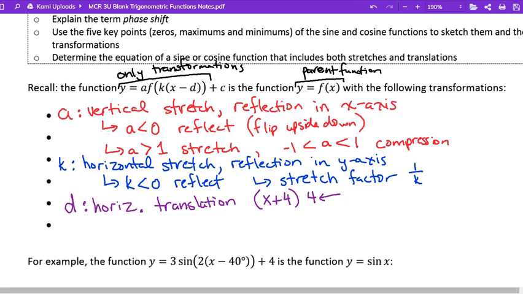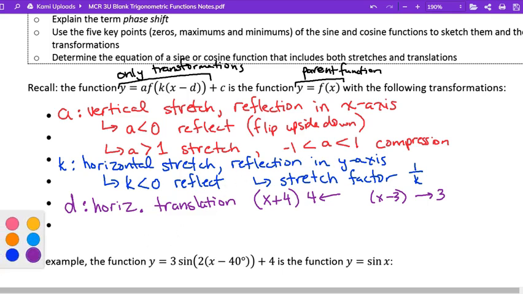Left. And if it says x minus 3, that's 3 in which direction? Right. So everything related to the horizontal transformations is always a little messed up. Vertical is nice and easy, simple, as it is what you see.